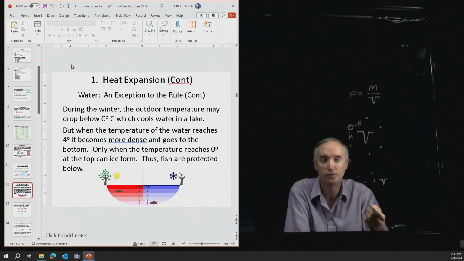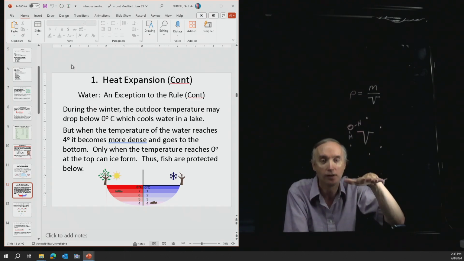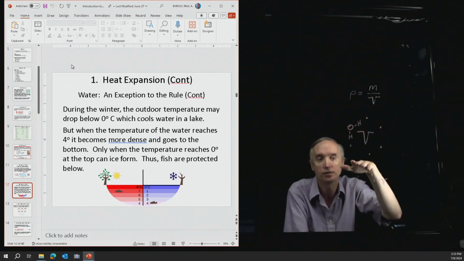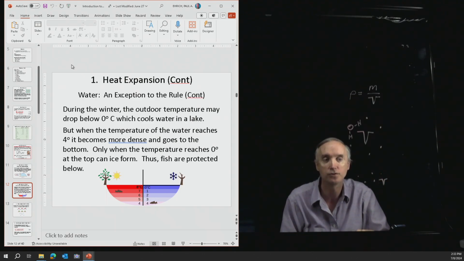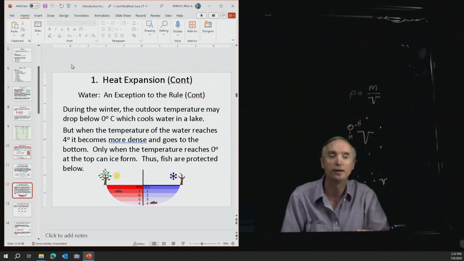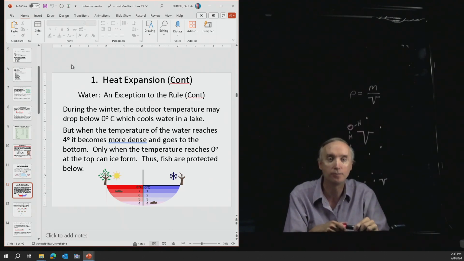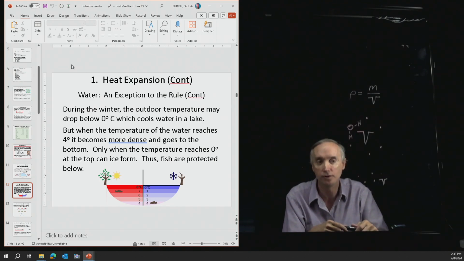So we're going to start to decrease the temperature above the lake, and so that's going to start to cause the temperature of the lake to go down. Now, during the wintertime, the outdoor temperature may drop below 0 degrees Celsius, which is going to be cooling the water in the lake.